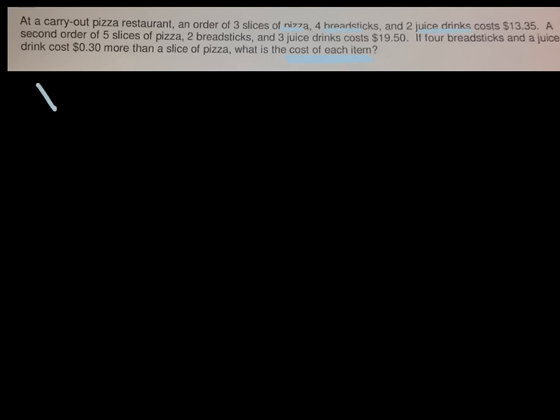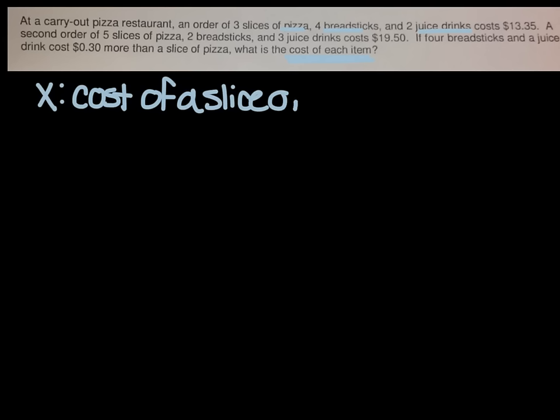So we'll let x be the cost of a slice of pizza, and you have to define your variables, and you have to be specific. You can't just say x is pizza, because then is it the number of pieces of pizza? Is it the weight of the pizza? What is it? You've got to write cost of the slice of pizza.